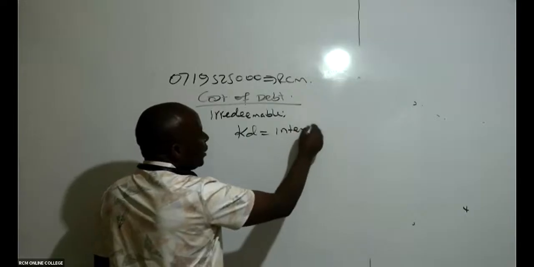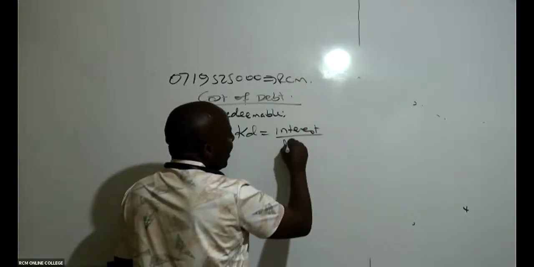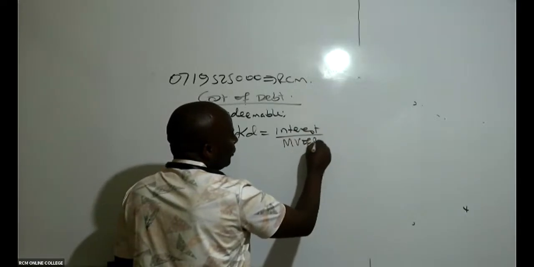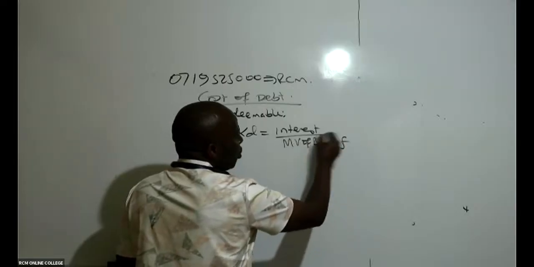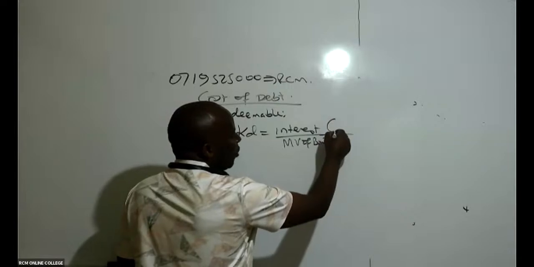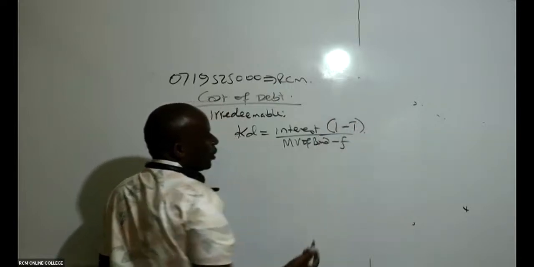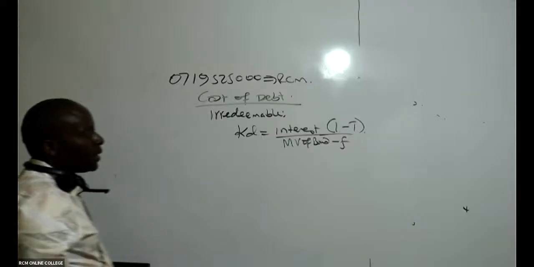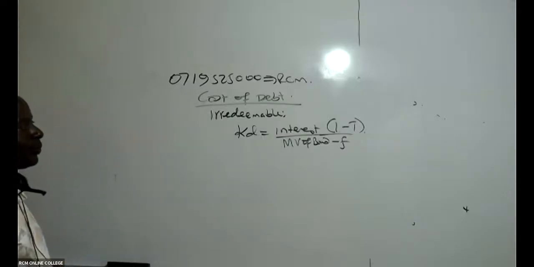I will take the interest, divide this by your market value of the bond, minus any flotation cost if there is. And this interest must be after tax. The interest there must be after tax.